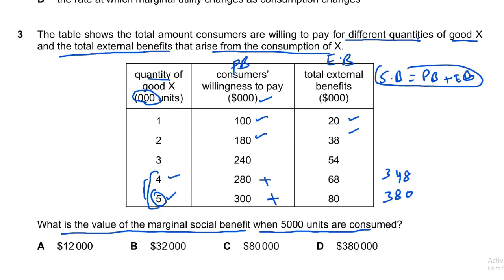Now you have to find the change when we move from 4,000 to 5,000. Change means difference, calculated as 380 minus 348, which equals 32. All figures are in thousands, so we say 32,000. So option B is the correct answer.